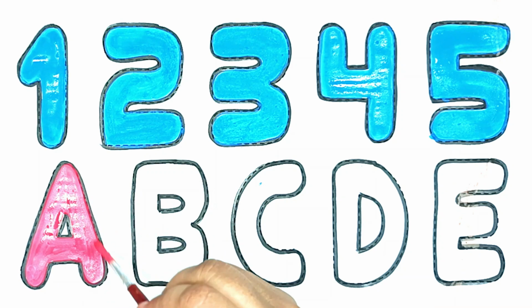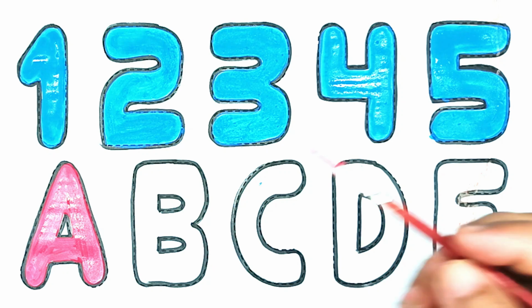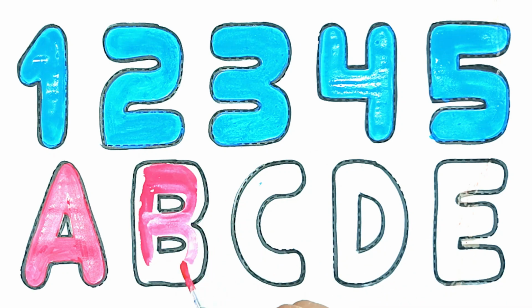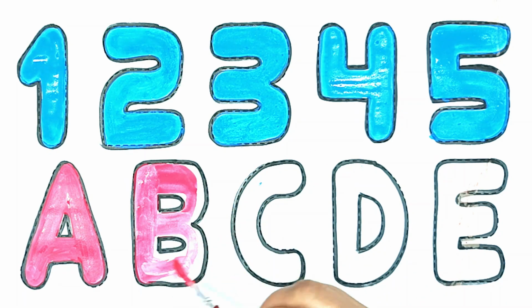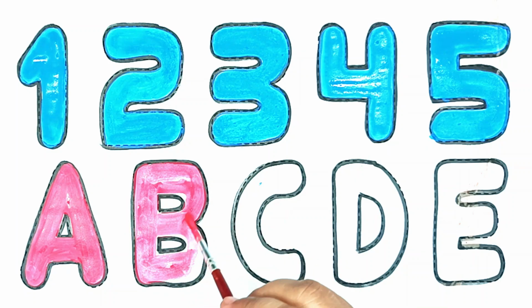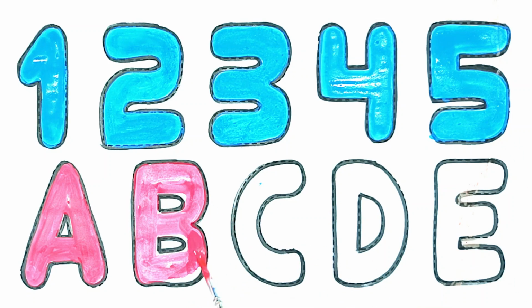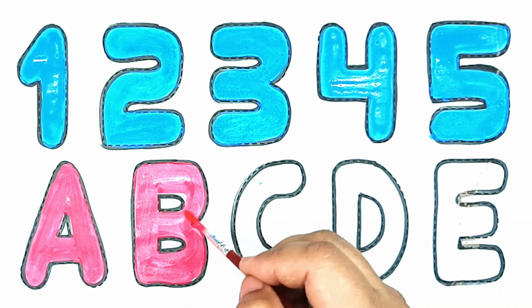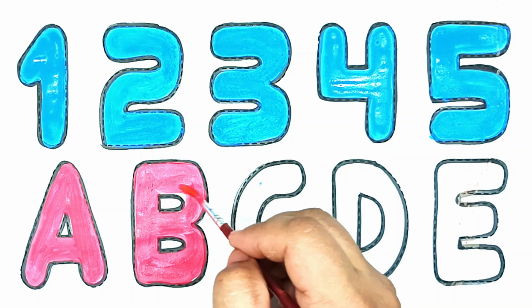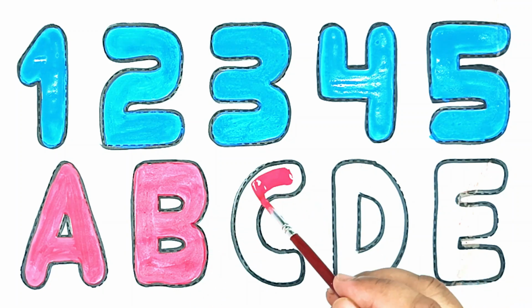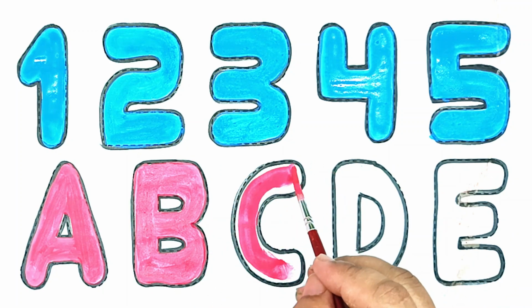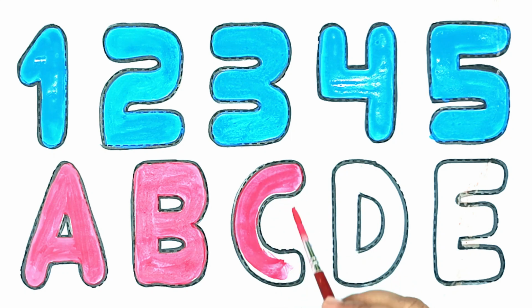'A' is for airplane. It flies in the sky. 'B' is for baby. Sometimes it may cry. 'C' is for clock.